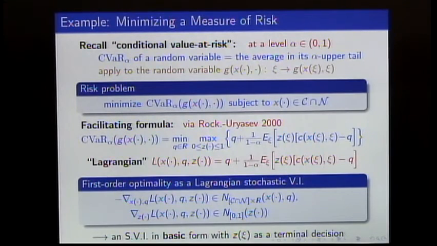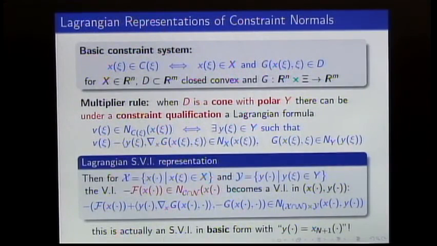I'm almost done. I have some rather complicated slides, which I'll just give you some basic ideas of. Some of you saw this in the talk yesterday. Just want to remind you that when we look at a basic constraint, like x of c belongs to a set C of c, but that set is given by a system of constraints, then there's a calculus rule for the normal cone, which may depend on a constraint qualification.